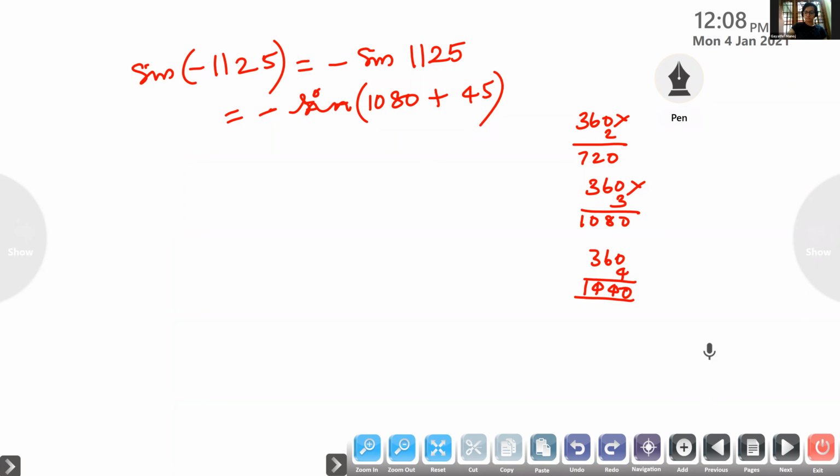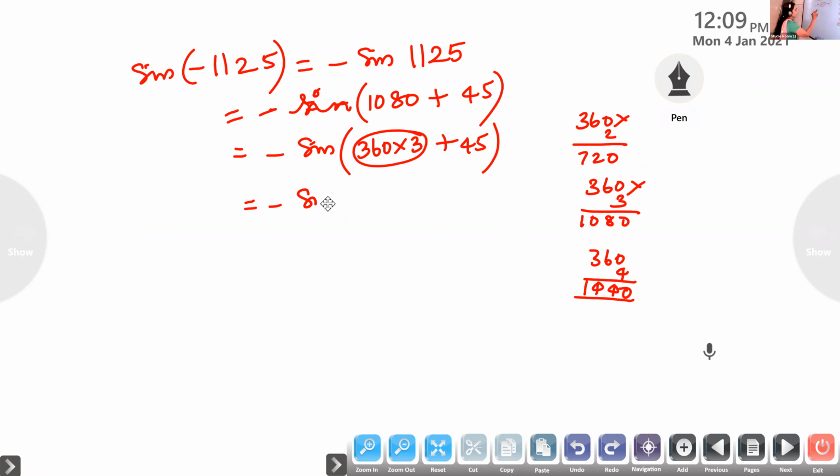Then what is the next step? Tell me, children. What is 1080? It is 360 into 3, a multiple of 360. If it is a multiple of 360, it will become 0. So 0 plus 45 is 45, sine 45. Now we know the value of sine 45. What is it? 1 by root 2. So minus 1 by root 2.